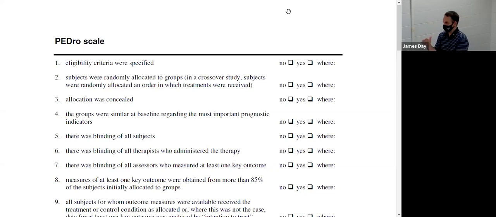The opposite of usually what you're trying to do. Anytime we can use numbers, in this case, like the Pedro score, to decrease the number of words that we would use, we want to. So instead of describing the entire internal validity, which would take however long it took in your CAP papers, we're just going to give it the Pedro score and the level of evidence.